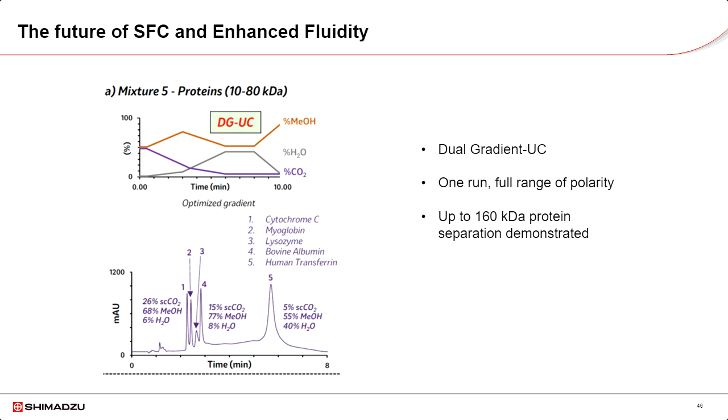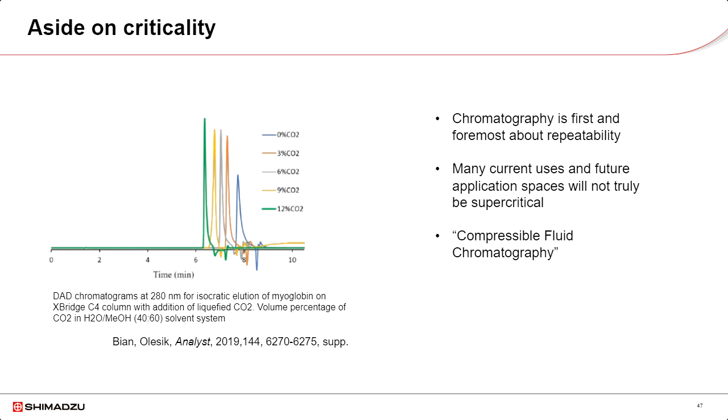We need to start thinking of SFC and the inclusion of CO2 mobile phases as part of a continuum of chromatography. From academic researchers like Susan Olesik, who popularized the term enhanced fluidity chromatography, to the godfather of SFC, Terry Berger, we should be thinking about this less in terms of, are we in the supercritical state?